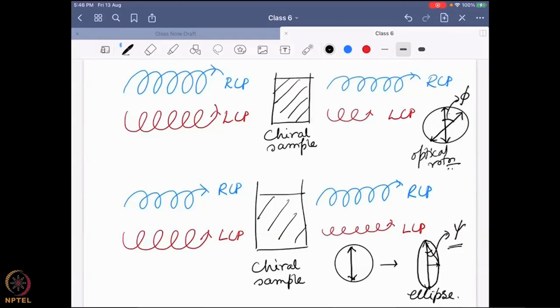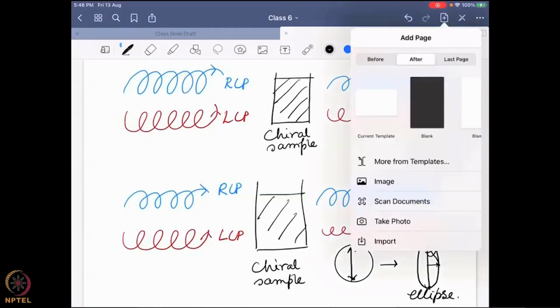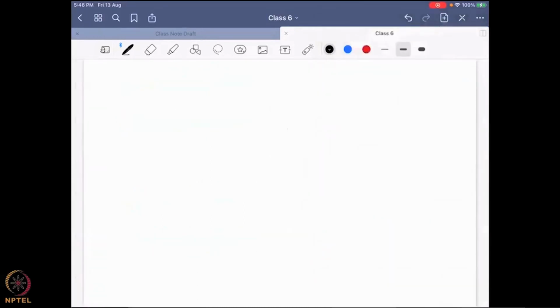Now the question is, what is there in the molecule that can detect this particular difference between RCP and LCP, or the two different chiral hands of the light? That is what we are going to cover today. Today we are going to cover the physical origin of optical activity, what is happening at the molecular level.